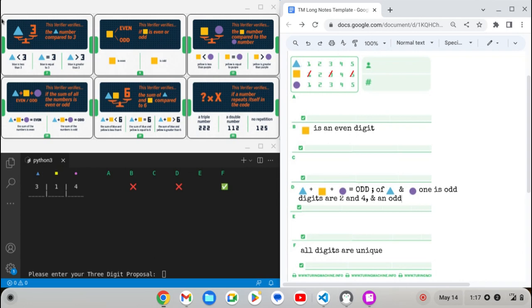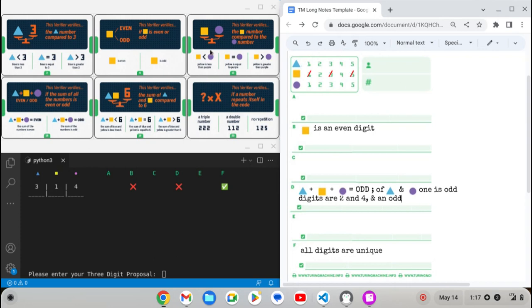Okay, so what haven't we done? We haven't done triangle, which compares it to 3, which is a good indicator if it was an even, but again, we don't know for sure. 2 is less than 3 and 4 is greater than 3, so that would be ideal. On the other hand, if we knew it was exactly 3, then we know circle would be the other even. So that's helpful.